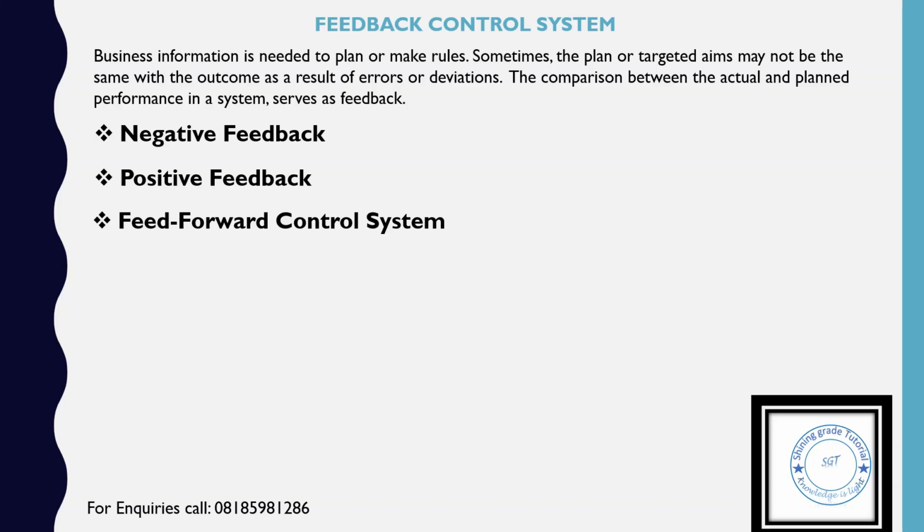Deviation will be monitored, and that can serve as feedback in ensuring that there is a good or expected feedback in future or in a later period. Let me just put it that way.